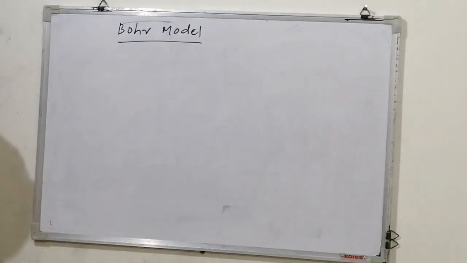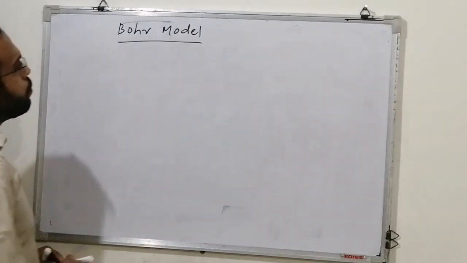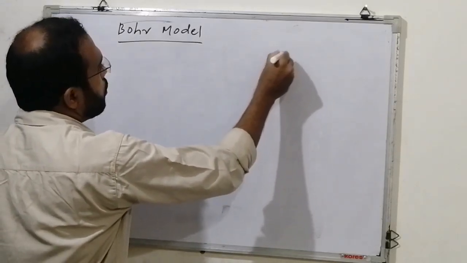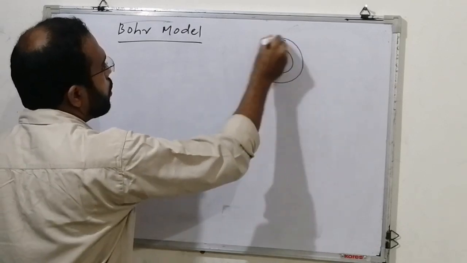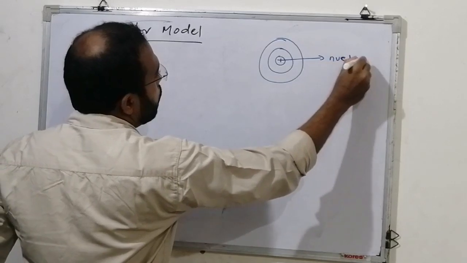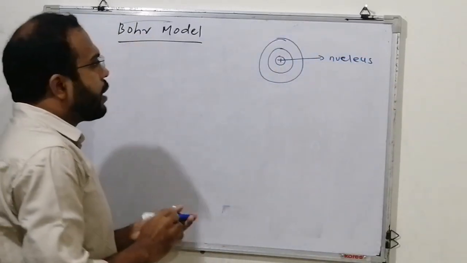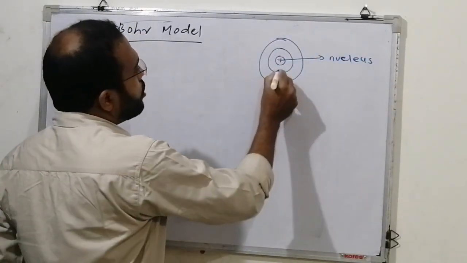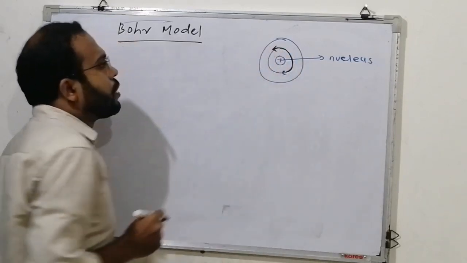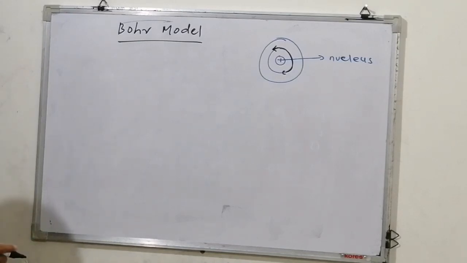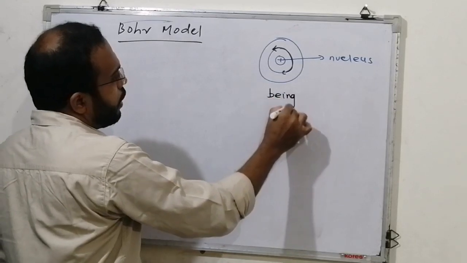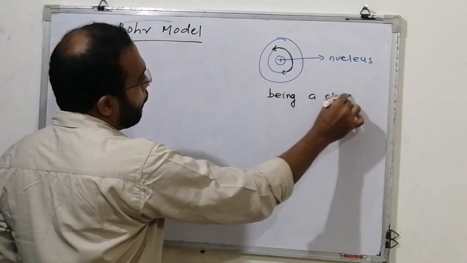The Bohr model is nothing but an improvised model of the Rutherford model. Rutherford proposed this type of model. In his model, electrons are revolving around the nucleus, but electrons are charged particles.